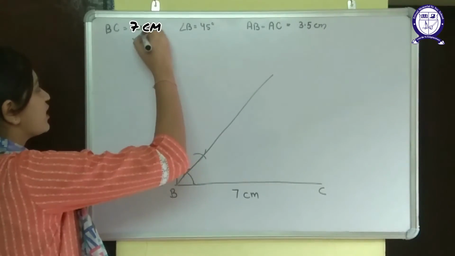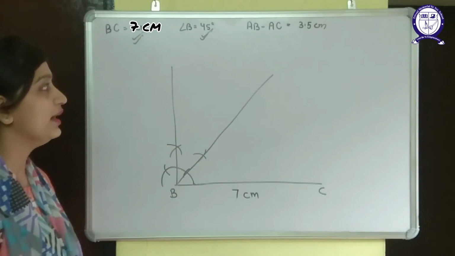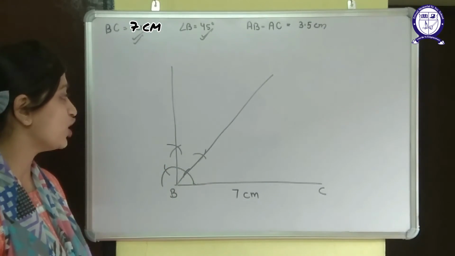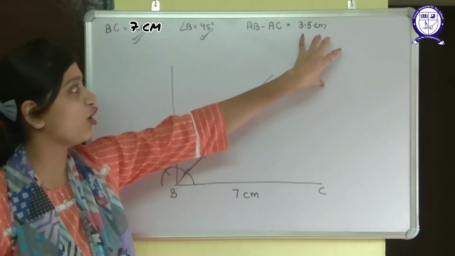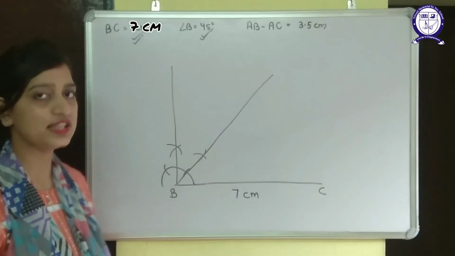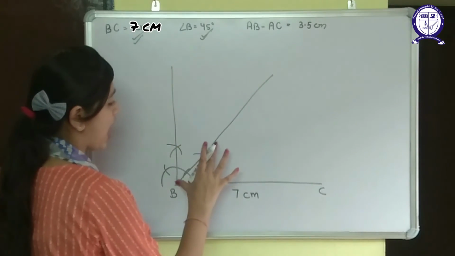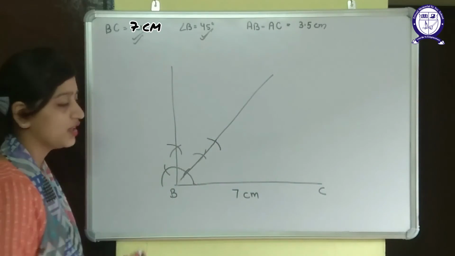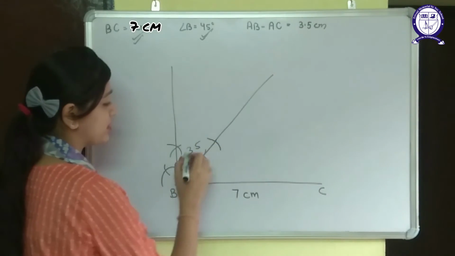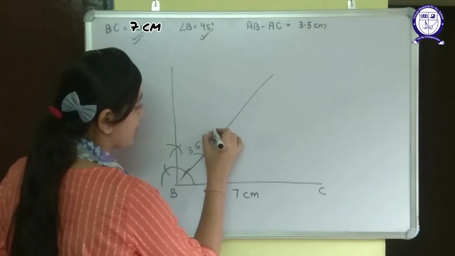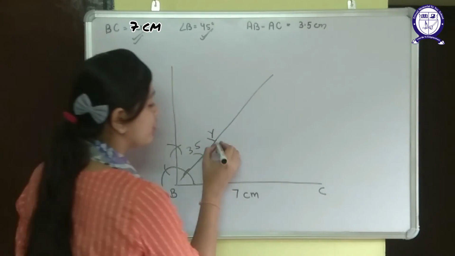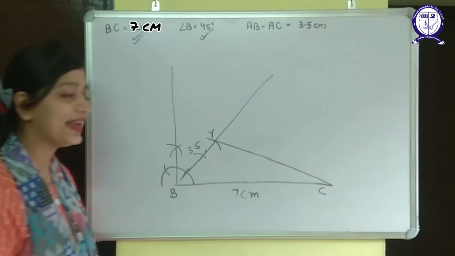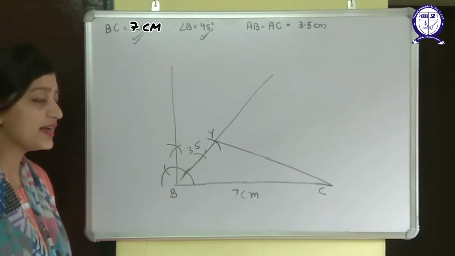So this much work is done, BC and angle B. Now what was the next step of the addition one? It was to extend this line and make an arc of 3.5 centimeter. So we will make an arc of 3.5 centimeter, and this is my point Y. We will join YC, and the next step was making the perpendicular bisector of YC.